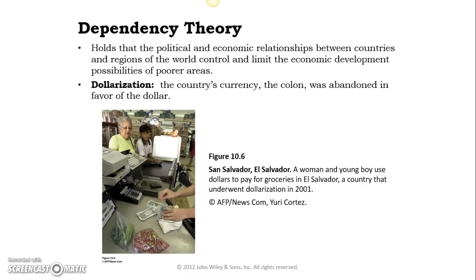Okay? And what this does with those poorer countries, and this is part of the big debate right now with what's going on with the global economy, is those poorer countries are now reliant on U.S. monetary policy in terms of how many dollars are available, in terms of how much they can import and export, right, and things like that. And so one of the major concerns with the U.S. government right now is they're talking about raising the benchmark interest rate, which is the rate at which banks can loan each other money.